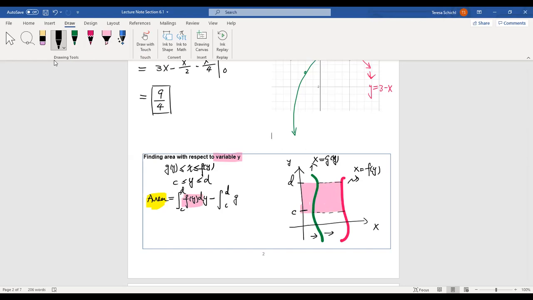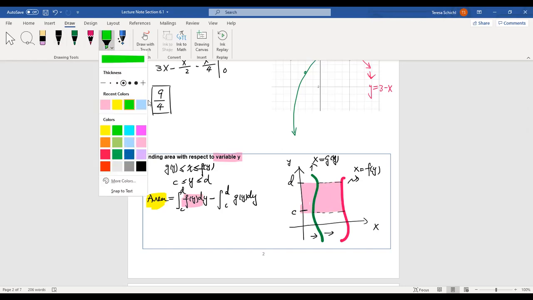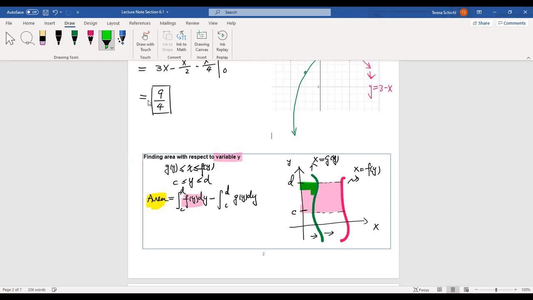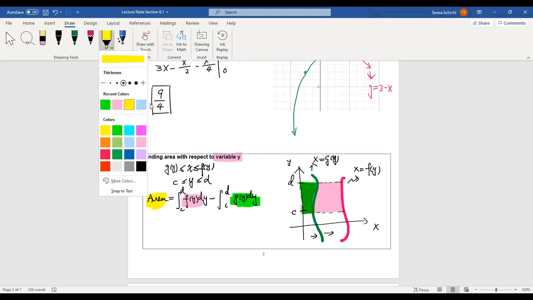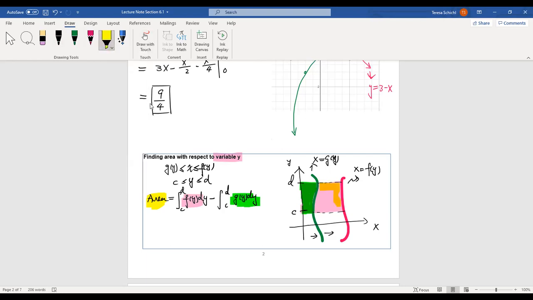Then if I have g of y dy, g of y is this green one, right? So what is this area I'm integrating? It's here, everything to the left of this g of y function. Let me color code this one. If you use this one minus this one, what do you end up with?